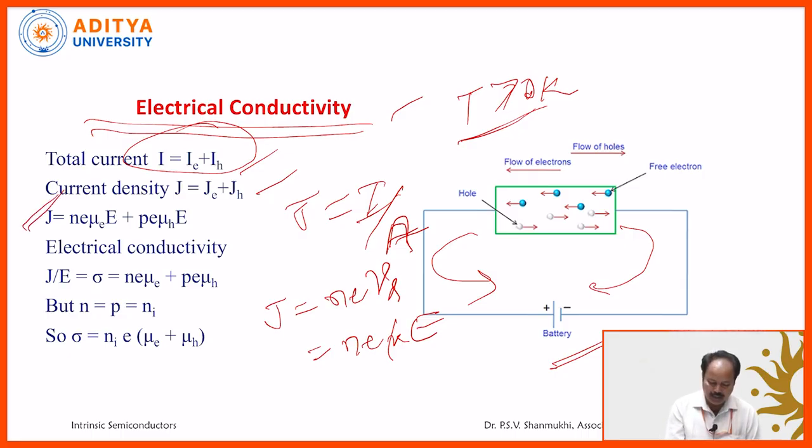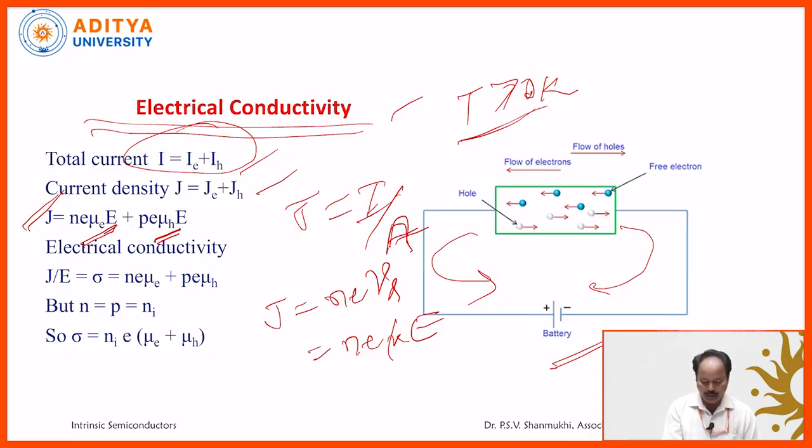Same thing is written here, J is equal to N e mu E into E plus P e mu H into E. Here mu E is the mobility of electrons, mu H is the mobility of holes.